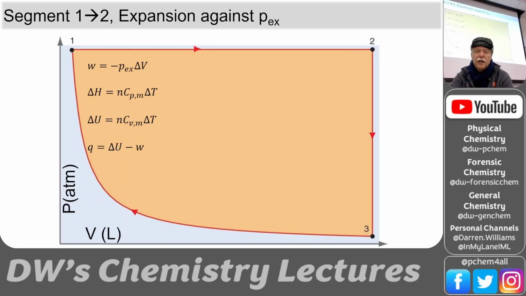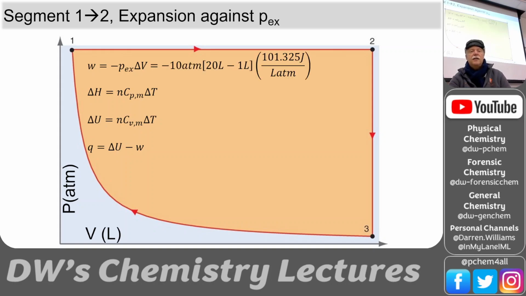So now let's calculate it. These are some of the equations that we have from earlier lectures. Like we have that work equation, which is expansion against a constant pressure, so minus pext delta V. That's minus 10 atmospheres, goes across from 1 to 2. All of these equations, we're just doing segment 1 to 2, or leg 1 to 2, so you can see that up here.